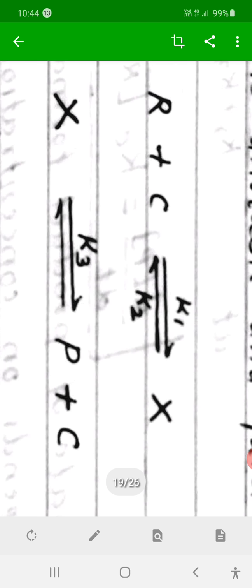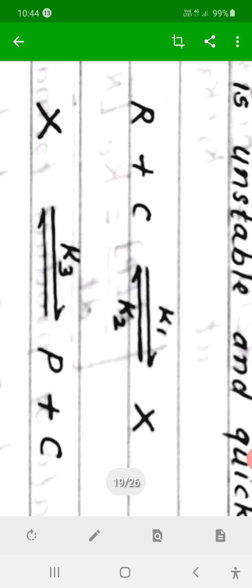During such a reaction, there is a time where the concentration of the intermediate X in the reaction medium becomes constant.